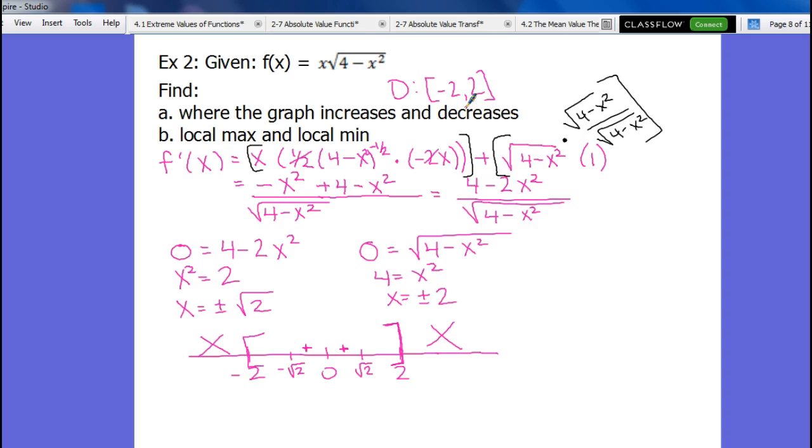So what we have to do is kind of look at it and say, okay, where are we positive? Where are we negative? Okay. So from negative 2 to negative root 2, we should be negative, and from root 2 to 2, we will also be negative.